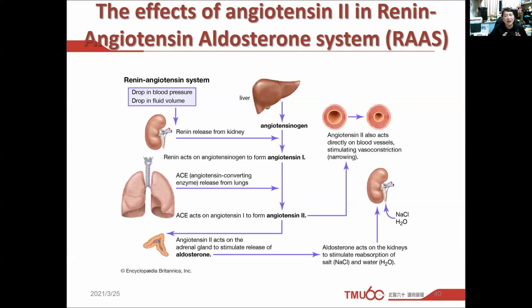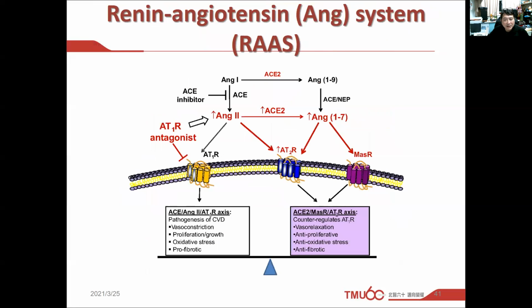Last is the RAAS system, and ACE2 is a kind of enzyme. It can convert angiotensin 2 into another peptide. Here's angiotensin, here's the ACE2.